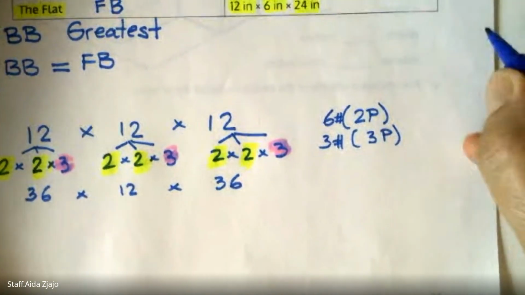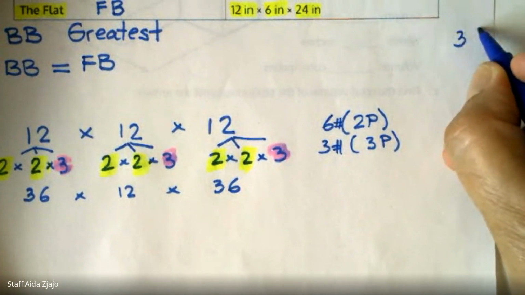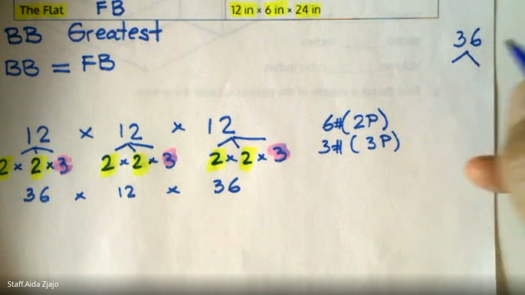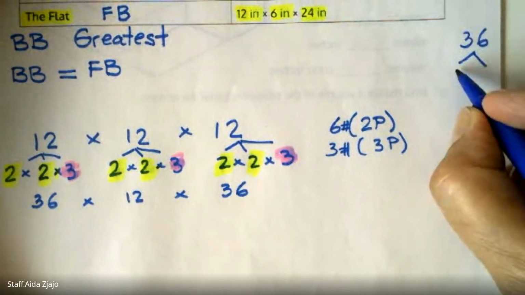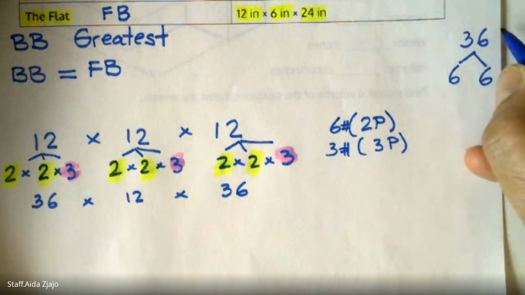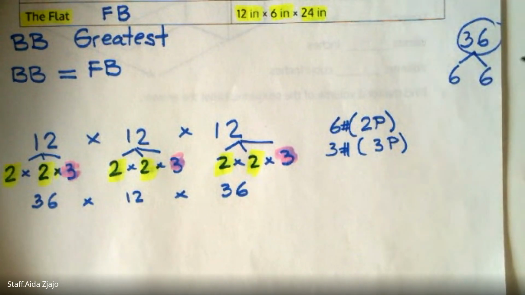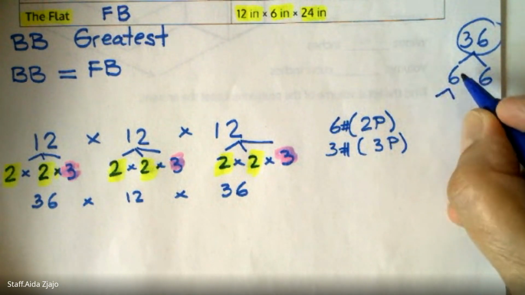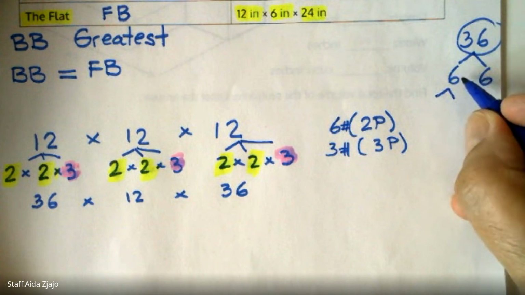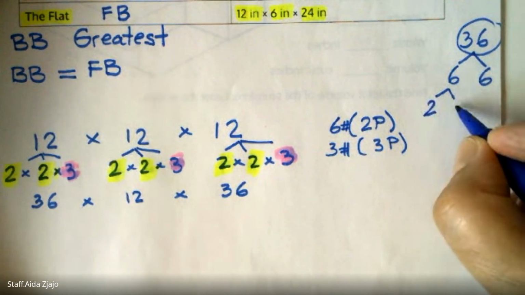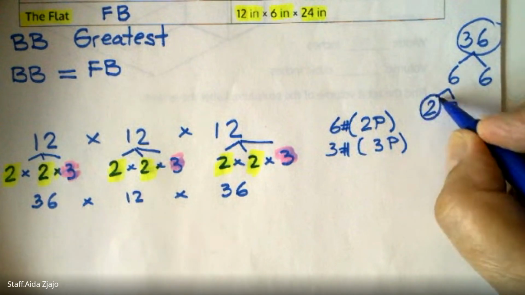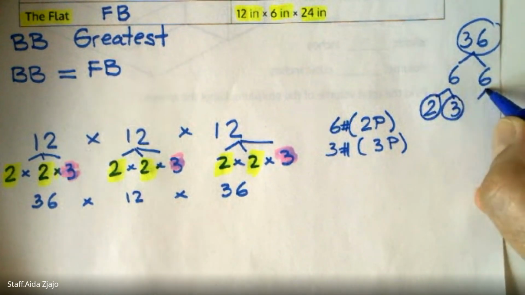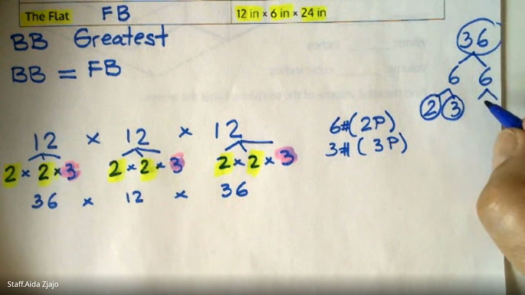If I want the primes of 36, I could find two factors. So 6 times 6 is 36, correct? But neither of those are primes, so I have to go further and break this composite number into 2 times 3.